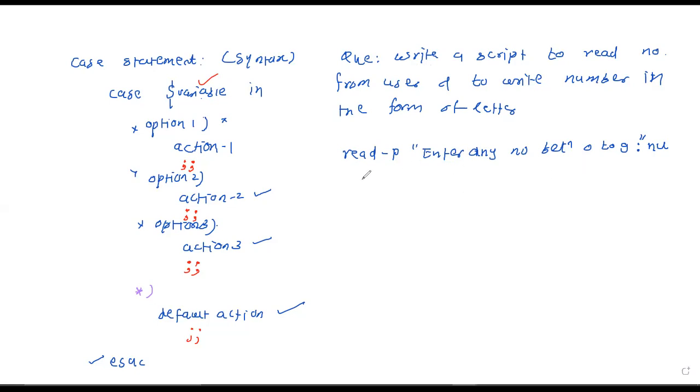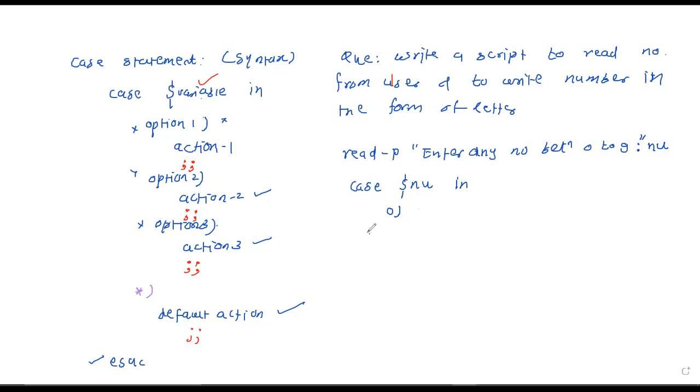Okay, so we start the case statement now. First we write case, and then we write the variable. Here the variable is nu. Then in, that means if the variable is this, in that case. We write first 0.